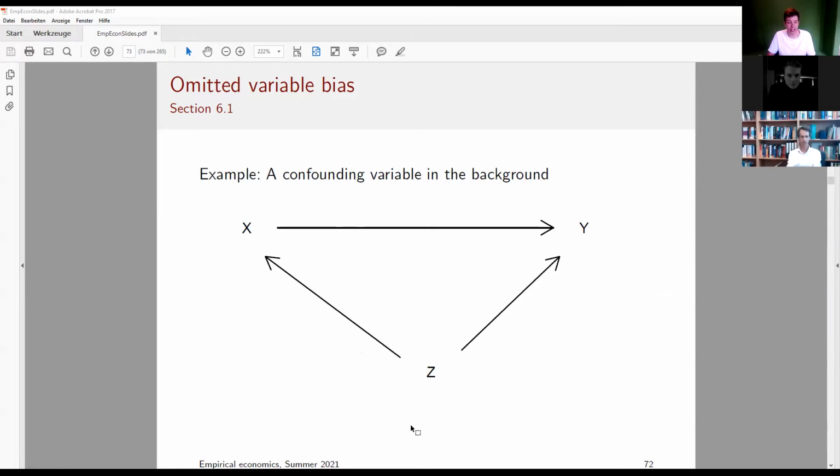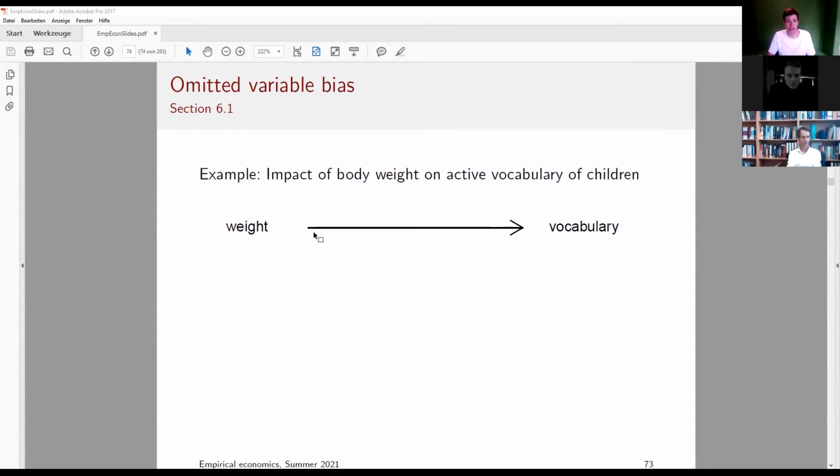We have a variable z, and the variable z has an influence on both our regressor of interest and on our endogenous variable. But if we exclude that variable, if we only look at the relationship between x and y, we would exclude substantial other relationships from our regression, and thus our regression will suffer from omitted variable bias. Let's have a look at an example.